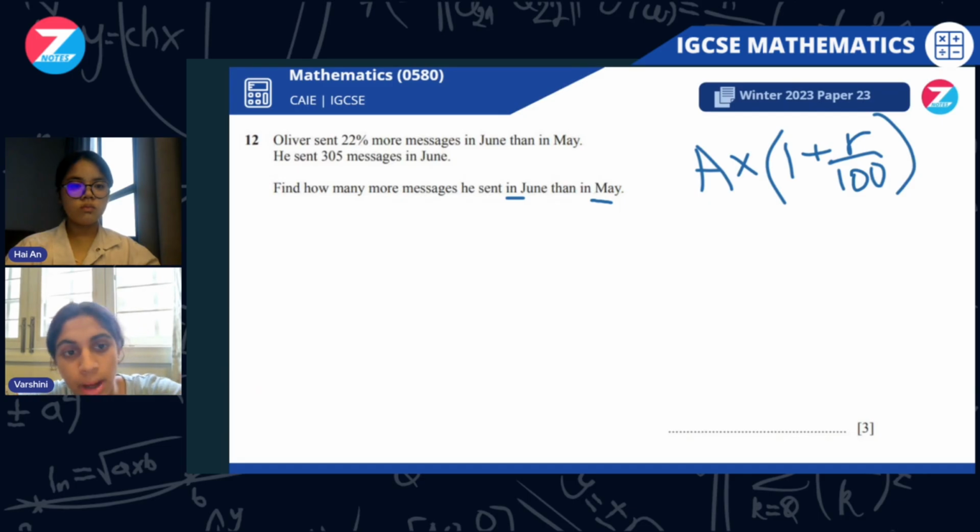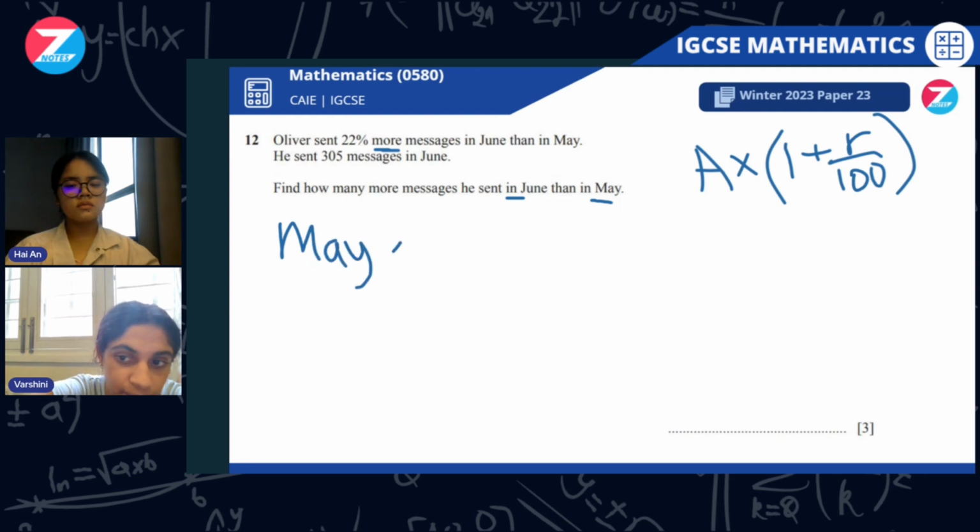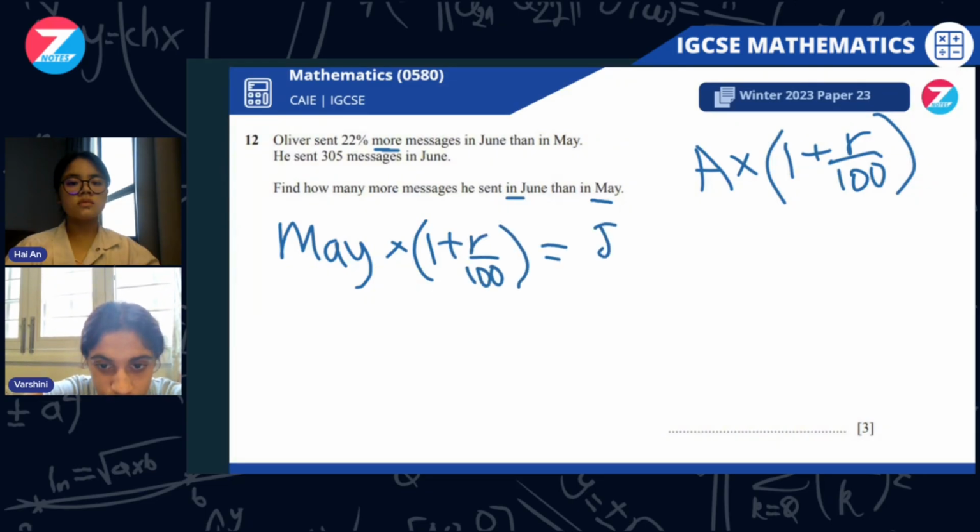Okay, and we also know that he sent 22% more, not of, but more messages in June than in May. Okay, so May into 1 plus r by 100 is going to give us the messages in June. And how do we know that it's the increase from May?